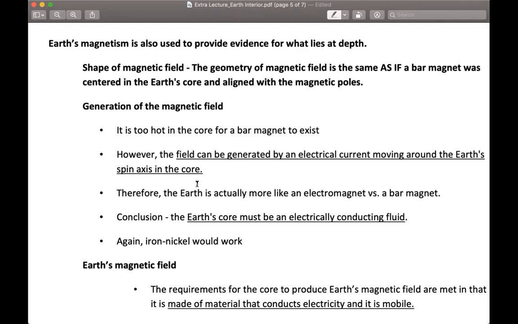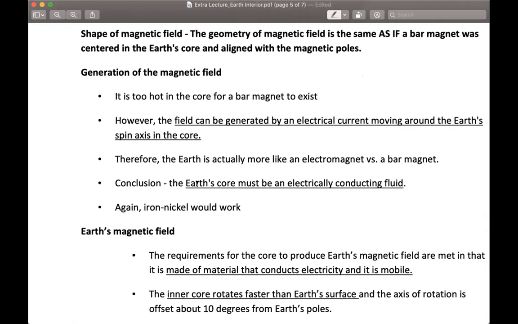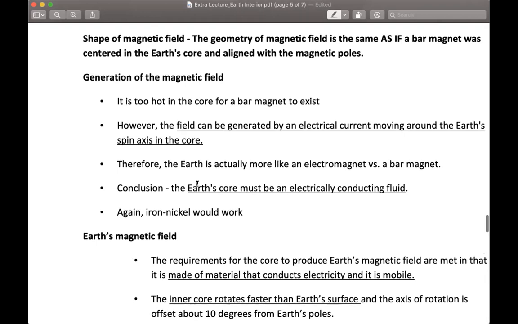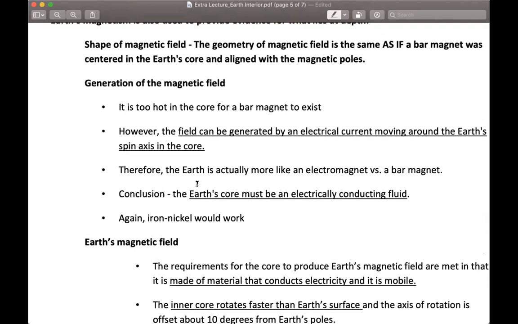So once the Earth is rotating, there is a possibility for this core also to rotate, right? But the important thing is the rotation of the Earth's core is more rapid than the Earth's normal rotation, right? And also it's a little bit oblique to the normal axis of the Earth. So therefore, it's like a dynamo. It behaves like a dynamo, right?